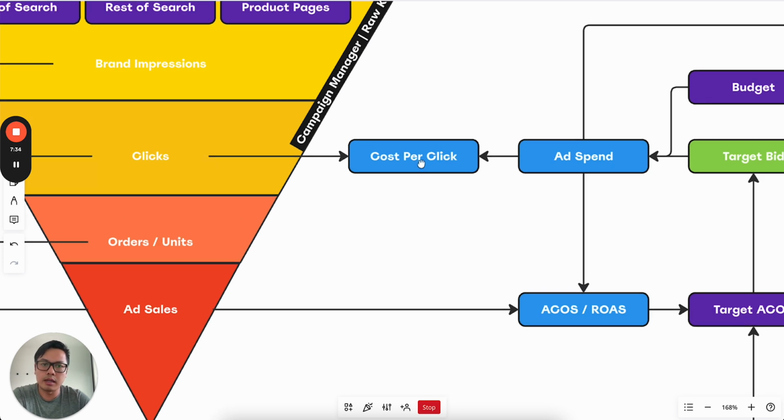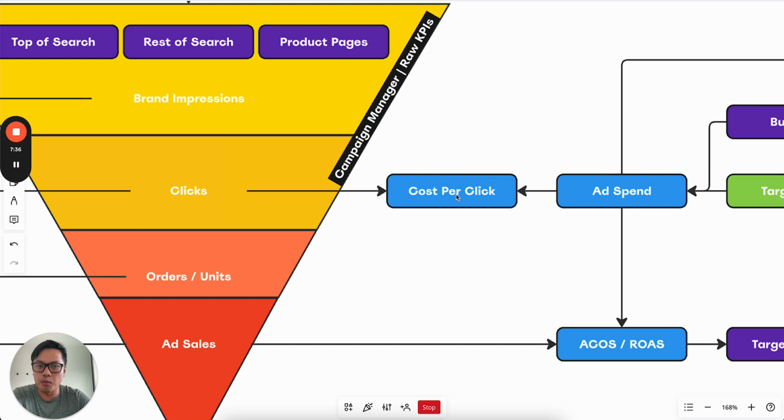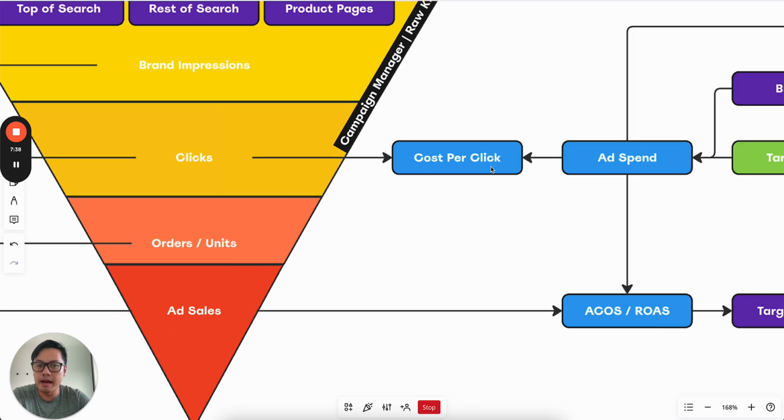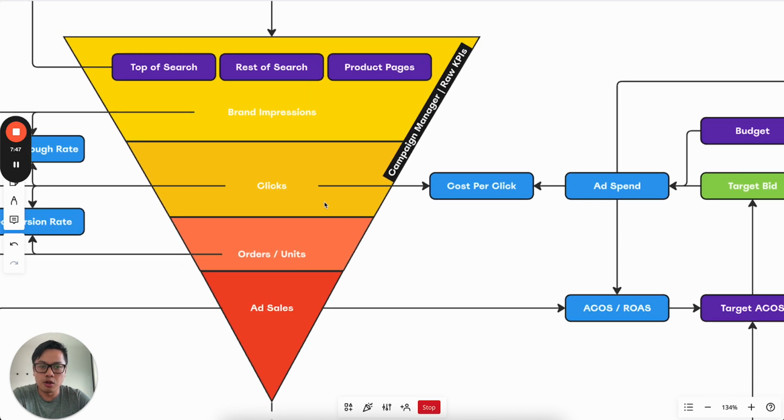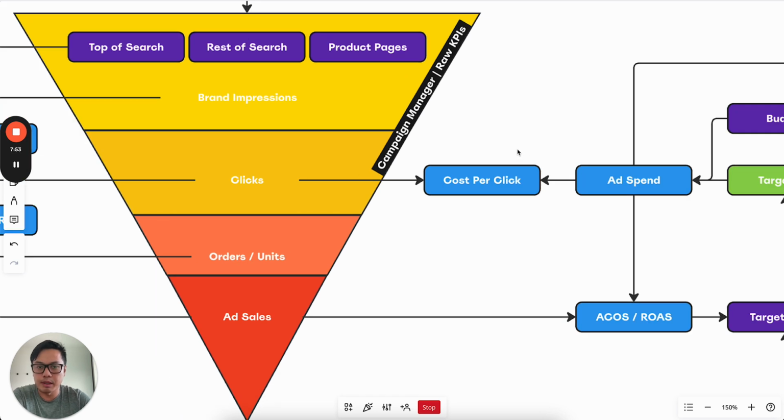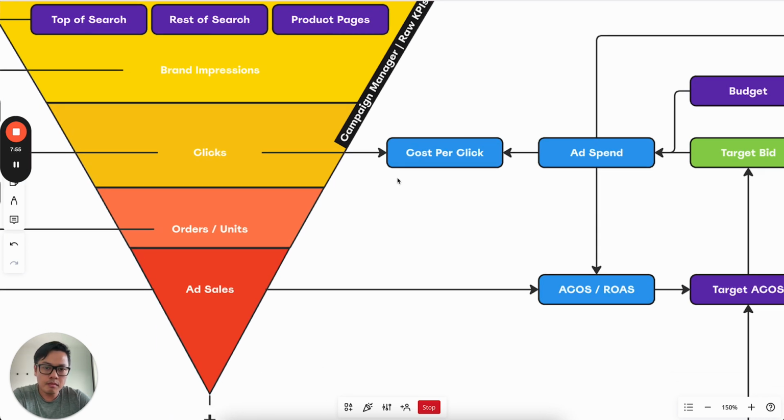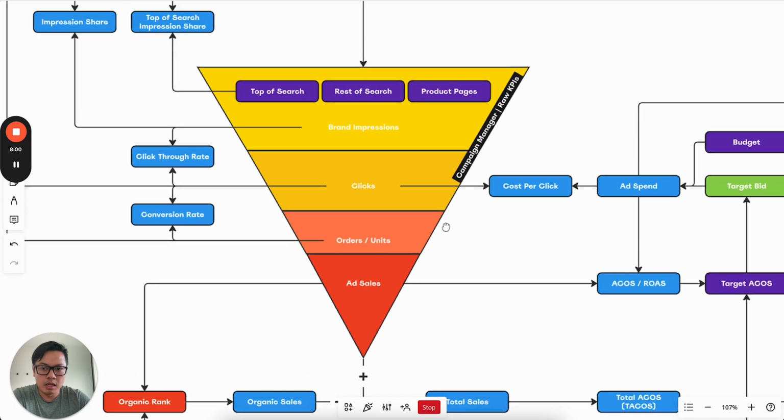However, the bid is the max amount that you're willing to pay. The cost per click is what you end up paying, because the entire PPC system on Amazon is an auction. So your bid isn't necessarily exactly what you're going to pay. It's just the maximum you're willing to pay. So that's how cost per click falls into the picture here.